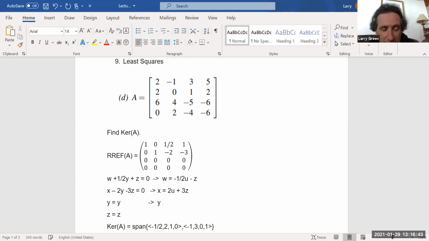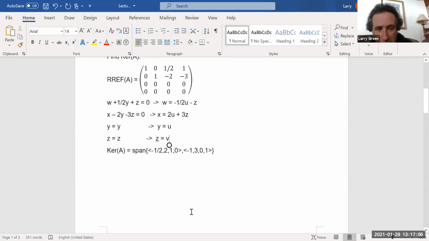And then y is going to be equal to u. And z is v. Any questions on how I got that? Okay, so that's a parametric form of the kernel.